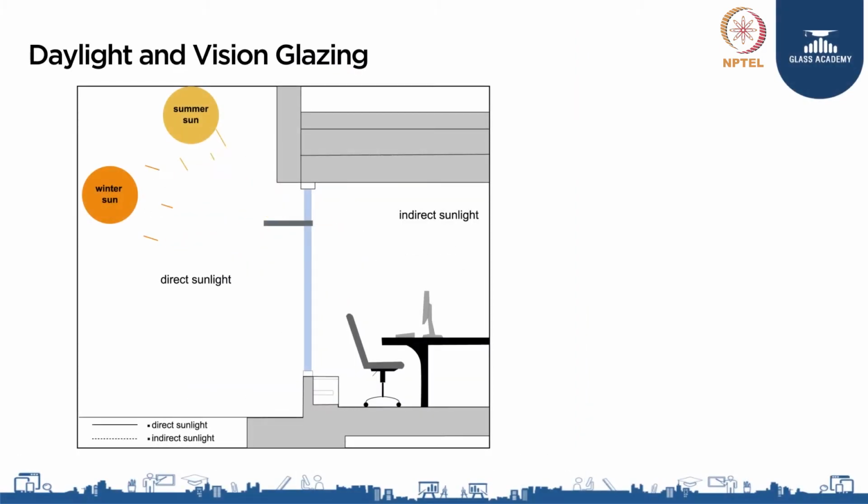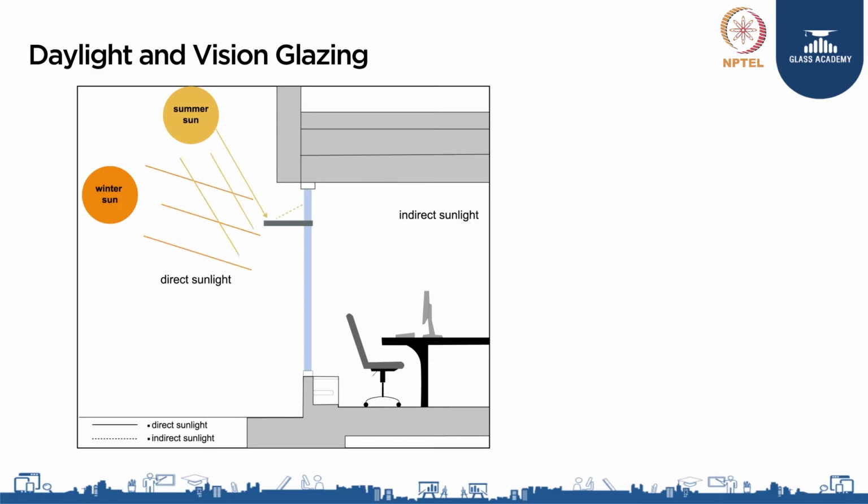Now to make the vision glazing even better, we would like to provide an overhang. This overhang would protect the glazing from solar radiation directly falling onto it and coming inside the space.